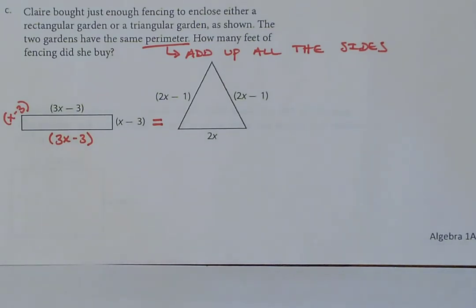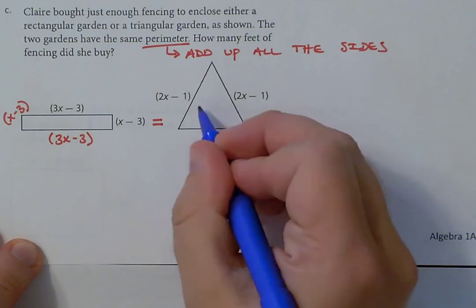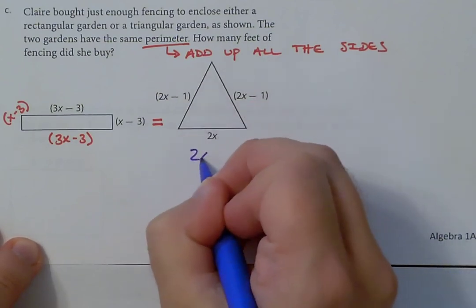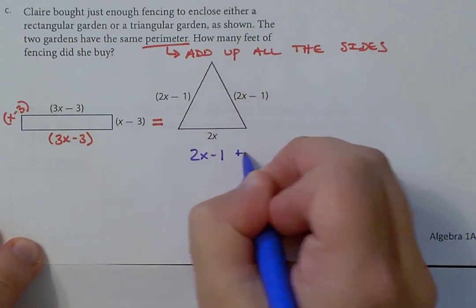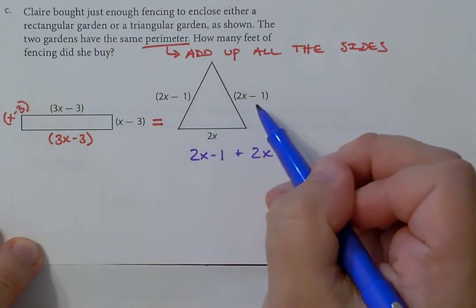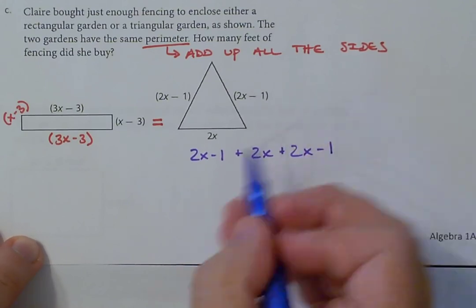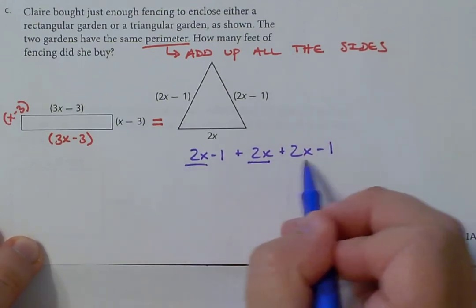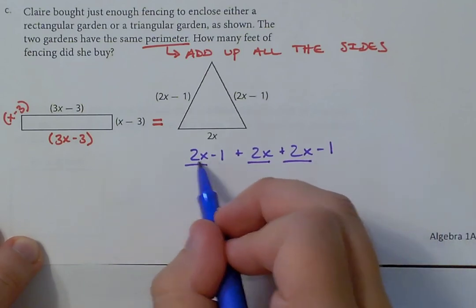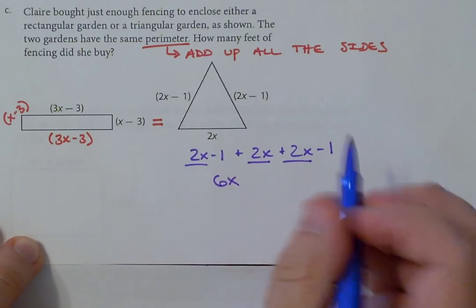Now, I will help you set up one of them. I will leave the other one for you. Because we've already talked about a rectangle before, I'll leave that one for you. So the perimeter for the triangle is going to be 2x minus 1, plus 2x, plus 2x minus 1. So I have a 2x, 2x, and 2x; 2 plus 2 plus 2 gives us 6x.